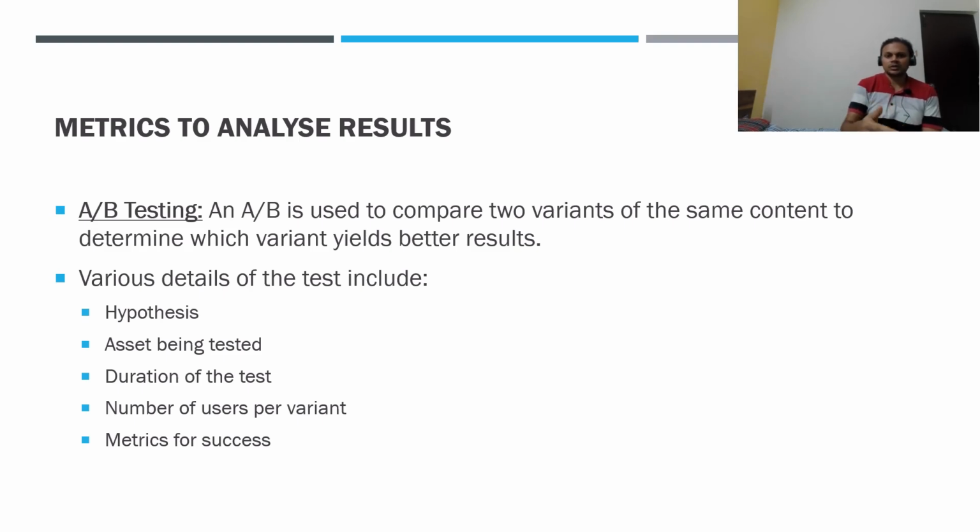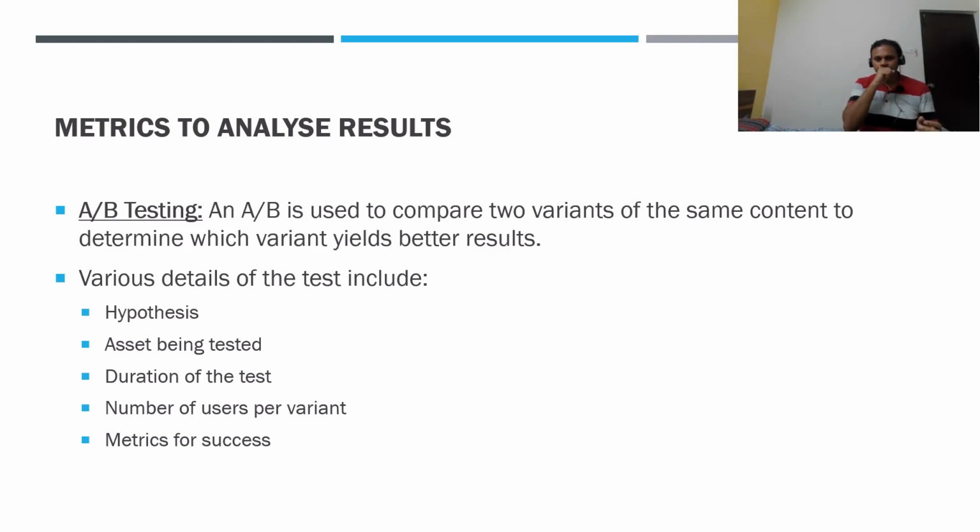Like we discussed previously, let's say the micro conversion is happening, people are opening the email but they are not clicking on the link, or they are not purchasing. So what you start off with when you're doing an A/B test is you say, okay, I will create a variant of this. Let's say you have a database of 10,000 users, email IDs, and you're sending them mails.